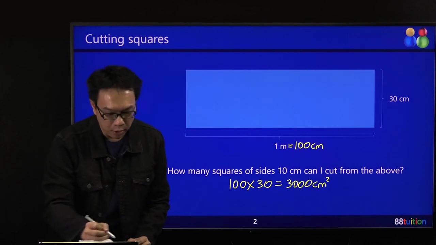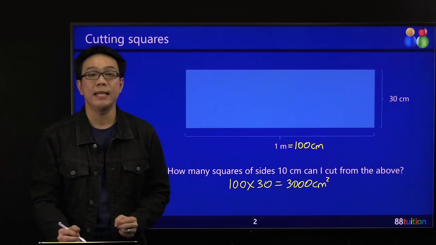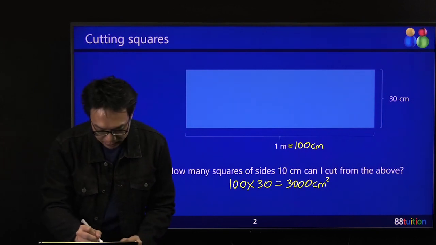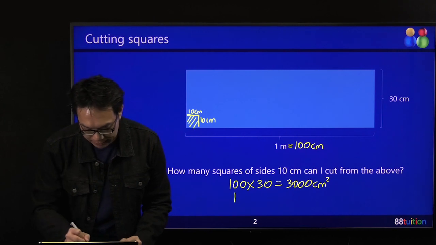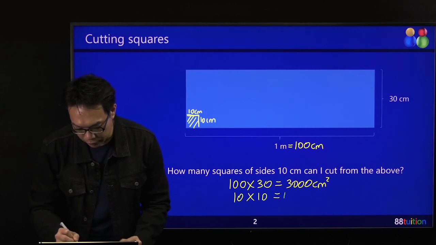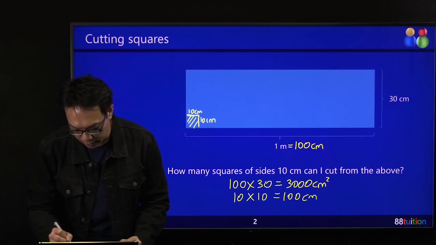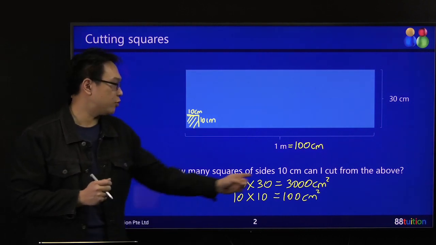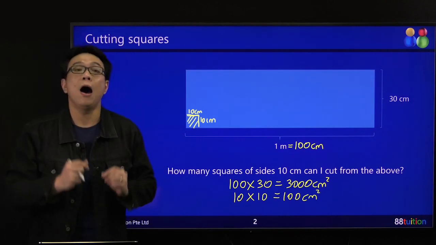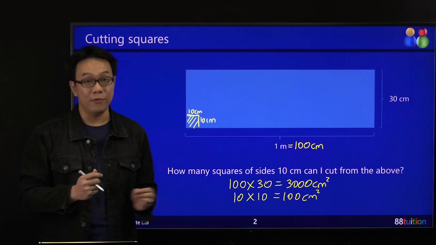Your square is how much? One square is 10 cm per side, meaning one side is 10 cm, the other side is 10 cm. 10 cm by 10 cm. So what's the area here? Area is 10 times 10, 100 cm square. So the question is, inside 3,000 cm square, how many 100 cm square are there?